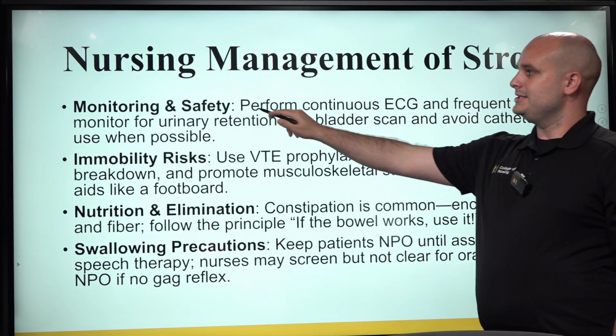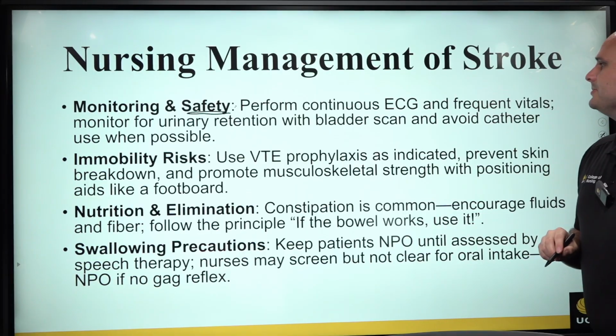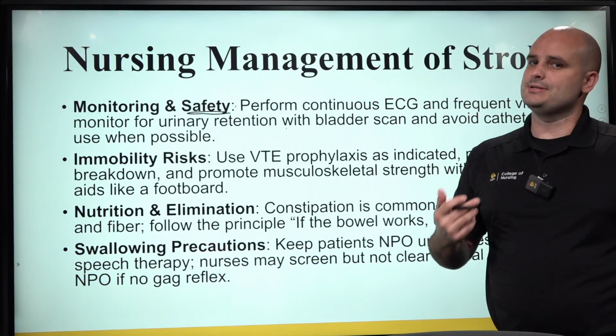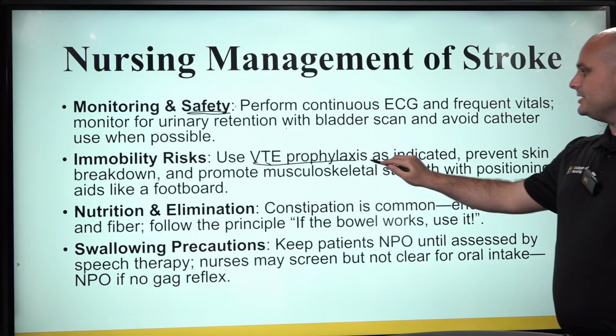Nursing management, safety is always a big thing, right? When you get done with school, you want to make sure you keep the patient safe. Monitor for urinary retention. This happens a lot in our post-strokes. Immobility, use DVT prophylaxis.